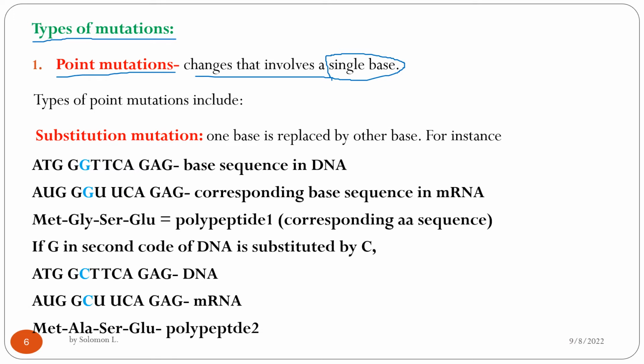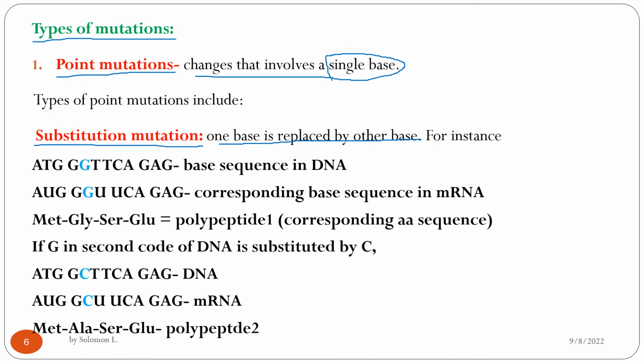Point mutation also includes substitution mutation, addition, and deletion mutations. We'll see addition and deletion mutation in the next slide. In substitution mutation, one base is replaced by another base. If one base is substituted or replaced by another base, the mutation type is known as substitution mutation.